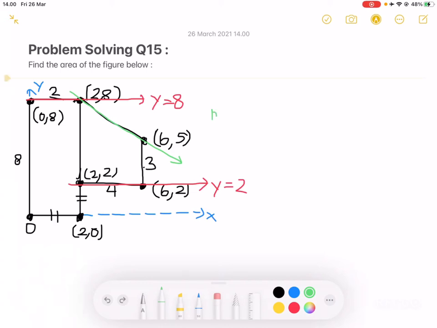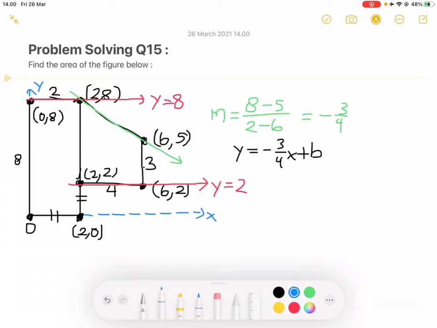So the gradient in this case, m, is equal to the change in the y-axis all over the change in the x-axis, giving us negative 3 over 4. That's our gradient. Substituting this, you get y equals negative 3 over 4 x plus b, where b in this case is our y-intercept.